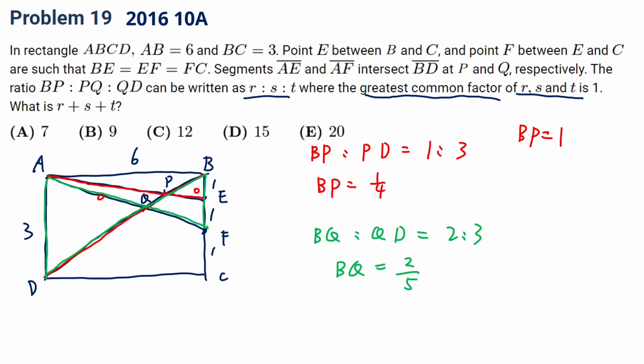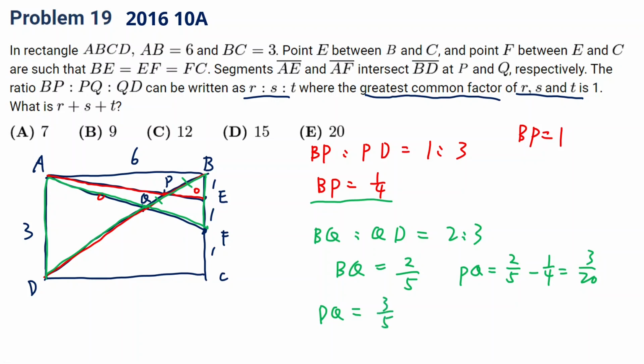Okay, so now that we have BP is 1/4 and BQ is 2/5, which means PQ is 2/5 minus 1/4, which is 3/20. So now we have BQ and PQ, and the DQ will just be 3/5.